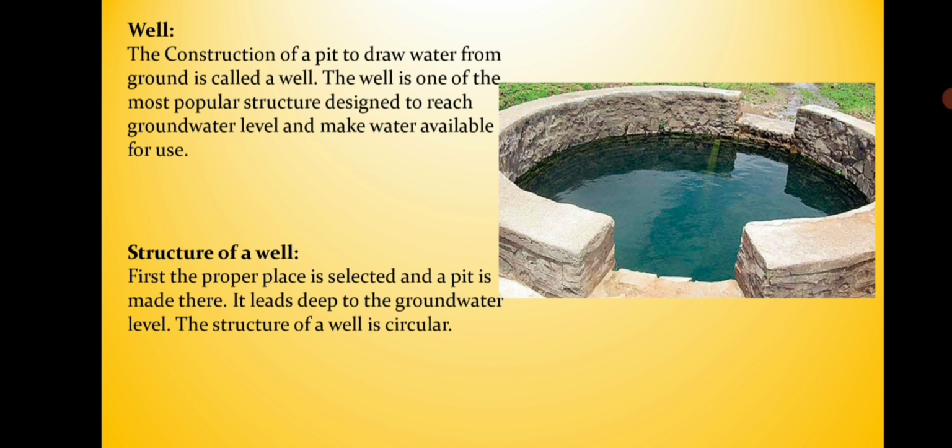To get the water out, a pulley is used, or a pump that works on electricity or any other energy. It can also be done manually, with the help of hand or pulley.